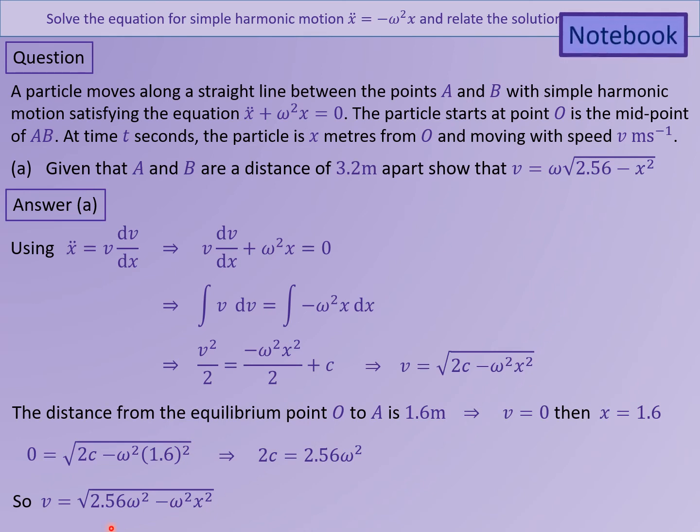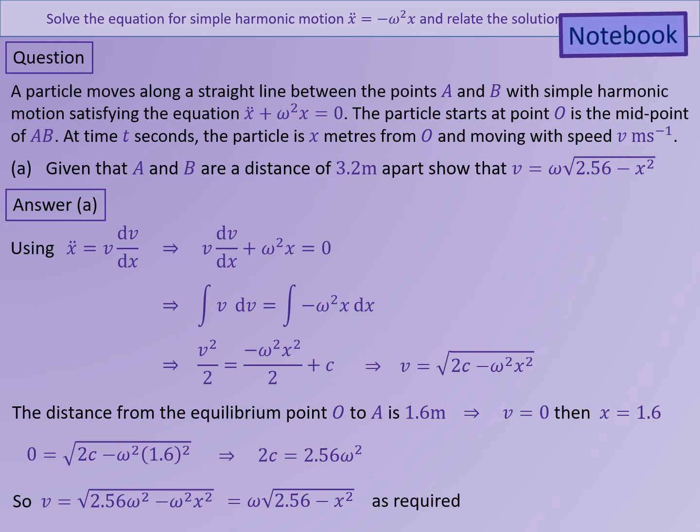And then, just to get the exact same as this, I could take out my omega. I could square root both of them, and then take it out at the front. So therefore I get omega root 2.56 minus x squared, exactly like I required. And I've done it without just writing down the equation omega root a squared minus x squared.